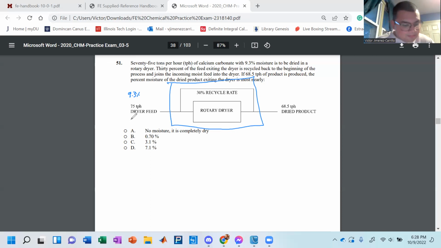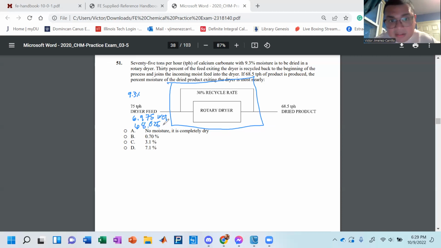We're going to get the product that's moist coming in as 6.975 tons per hour wet. What's coming into the system dry is 75 minus that 6.975, which is essentially 68.025.